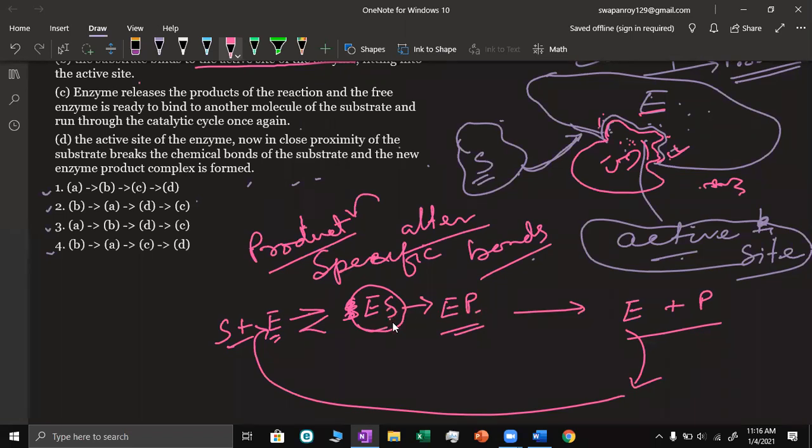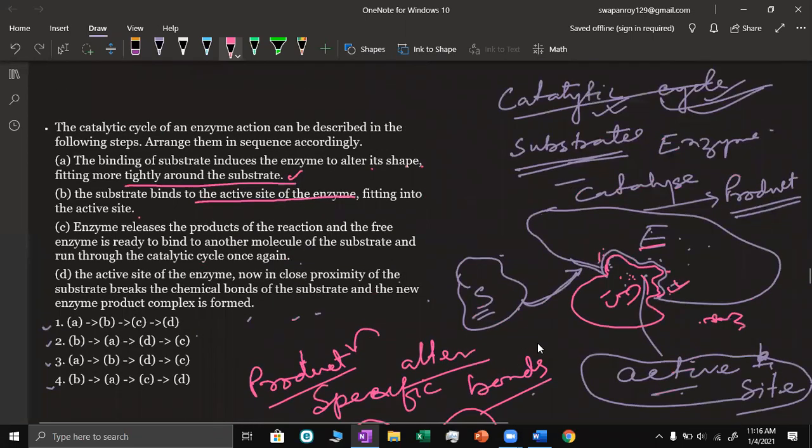This change takes place maybe by formation of a new bond, or maybe by the breakdown of a bond. So the enzyme product is produced, the enzyme and product then separate, and the enzyme is free to carry out a new catalytic cycle.